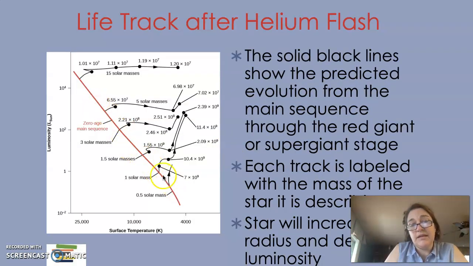So as we have a one solar mass star, we notice that it will not leave the main sequence until it's a billion years old. Compare that to a 15 solar mass star, the age of this is similar to Betelgeuse, and so it leaves the main sequence at 1.01 times 10 to the 7.